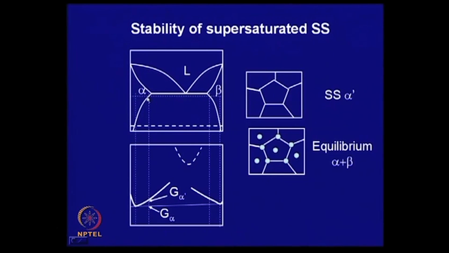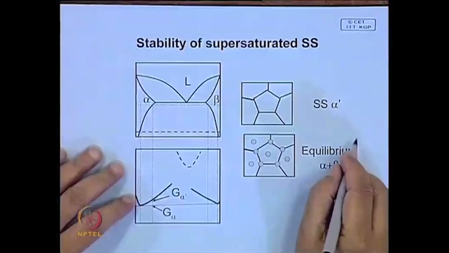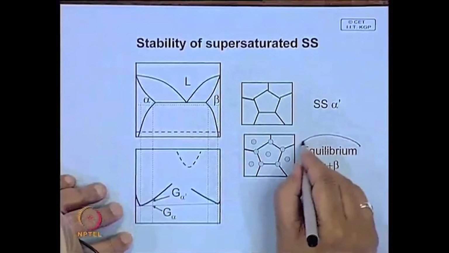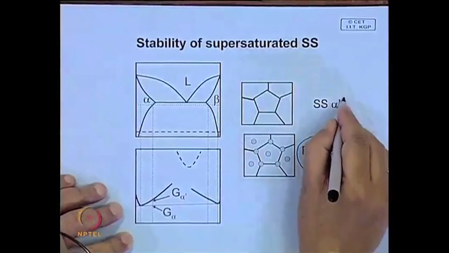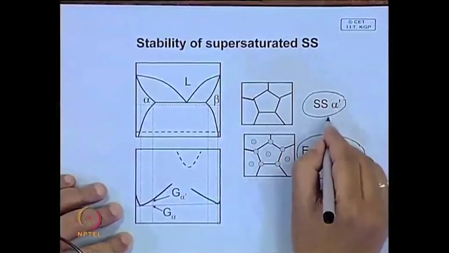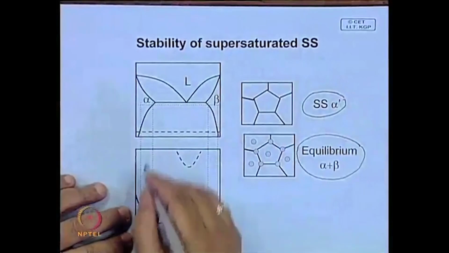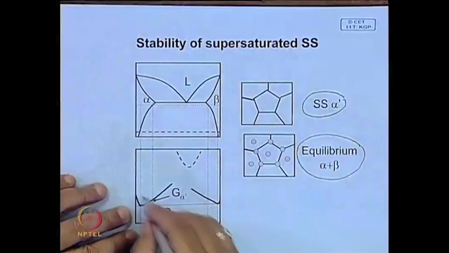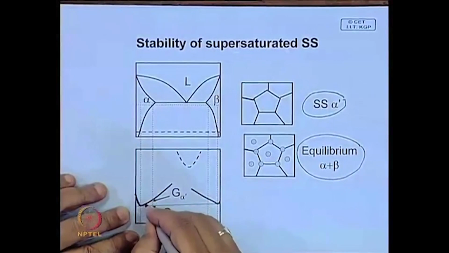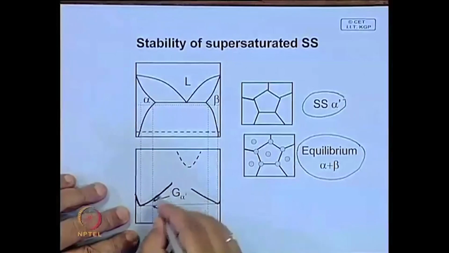Now, if you look at the free energy composition diagram, at this particular temperature, maybe it is easier to explain. This is the equilibrium structure and we have a supersaturated solid solution. Let us say the free energy composition diagram of that supersaturated solid solution is given by this curve.